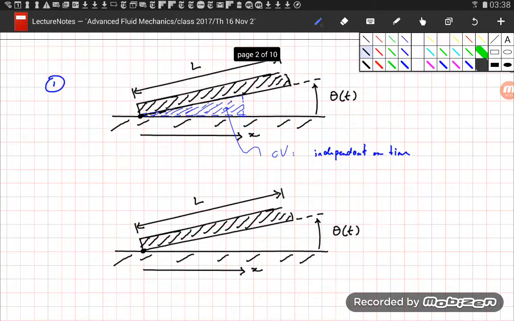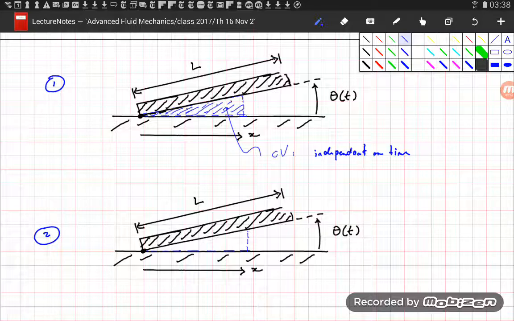Now, the second choice of a control volume which you could have picked, maybe some of you picked that one, and this is also a possibility, is the following. So the bottom surface is the same. It really coincides with the wall, and then this is also a piece of my control volume.